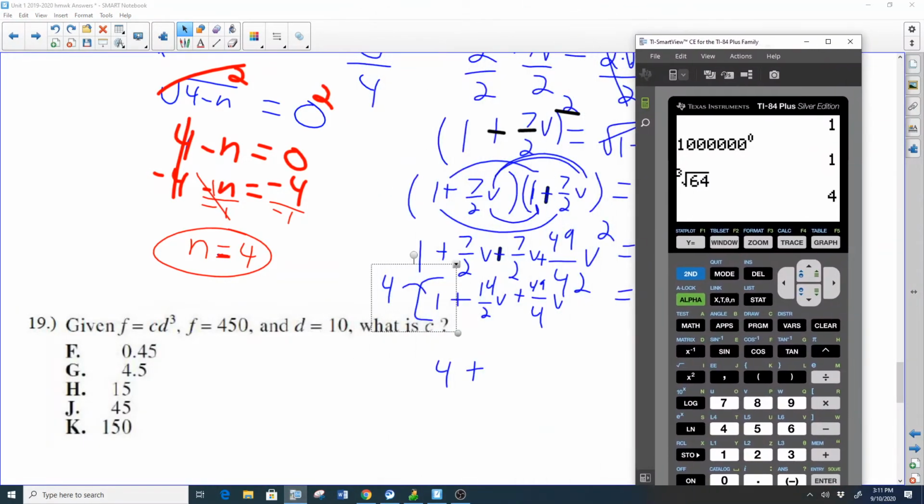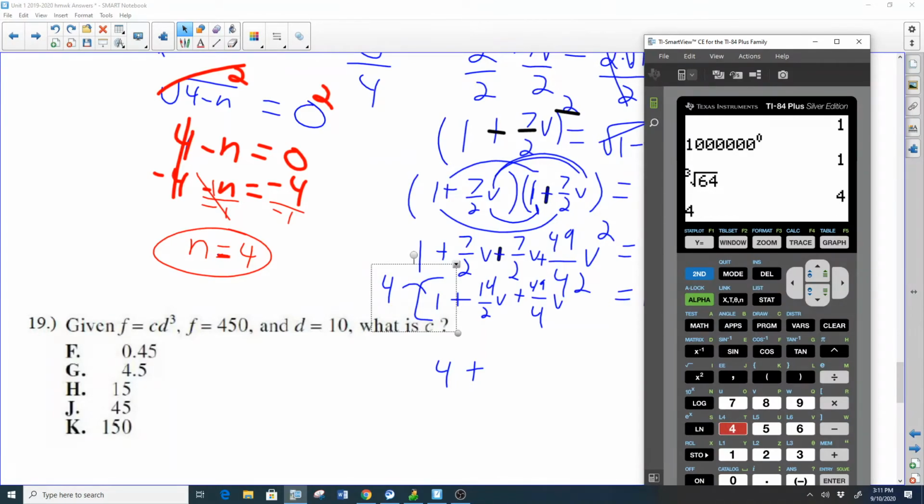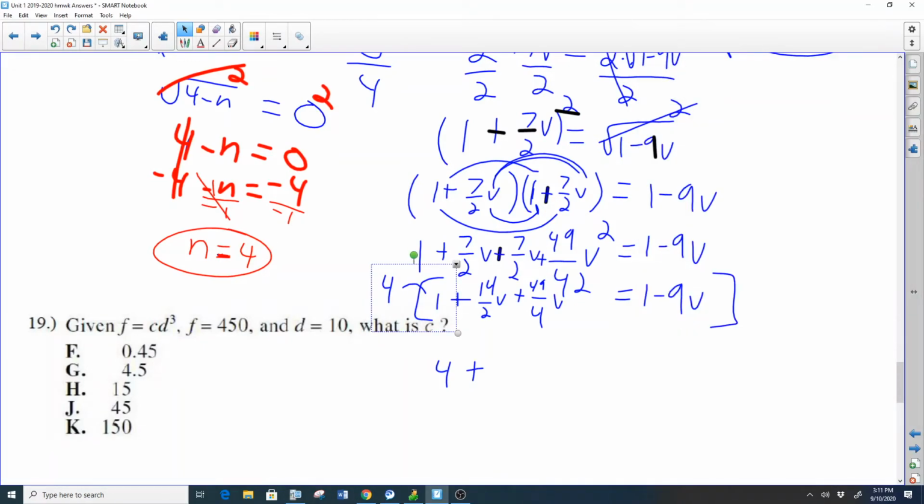So we're going to go ahead and do 4 times 14, and then divided by 2. So that's going to give us, this will become a 28v. Then this 4 with this 4, when you multiply those will just cancel out, leaving us with the 49v squared. And then we multiply the 1 by 4, that'll become a 4, and the negative 9 times 4 is 36v.